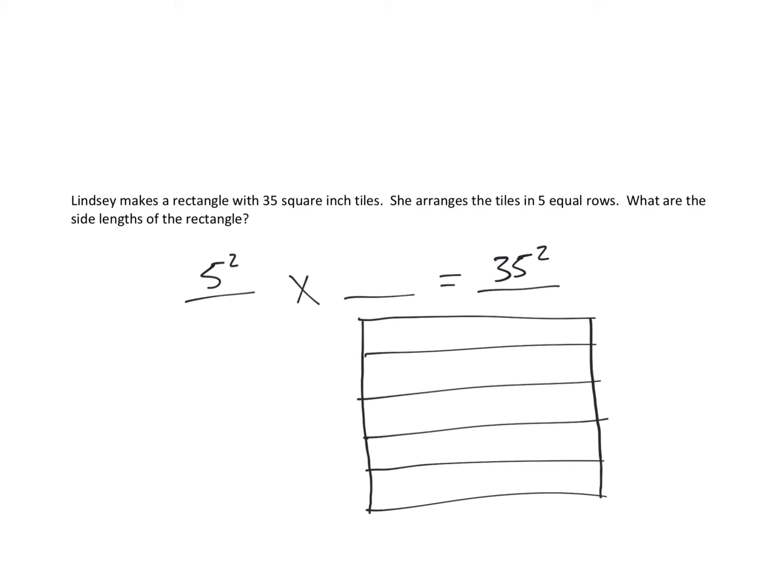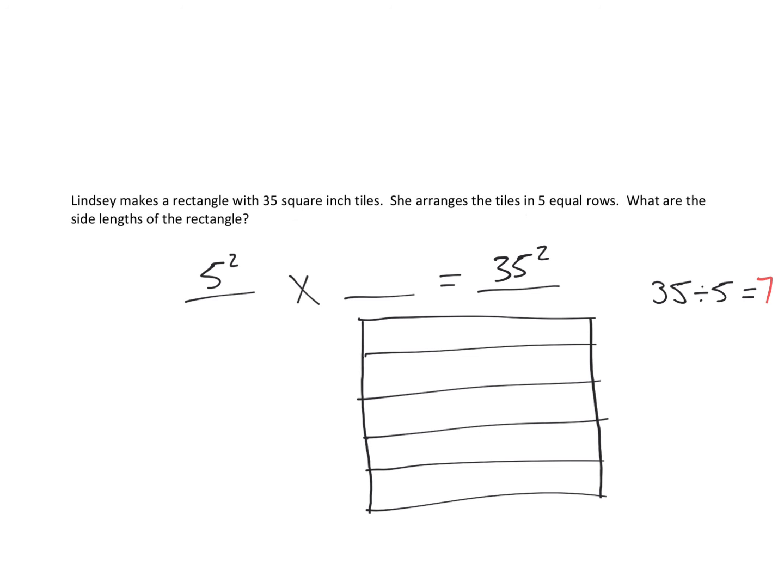Since we're only given the 5 rows in the problem, I would like you guys to divide 35 by 5 to see what times 5 will give you 35. So if you did your math right, 35 divided by 5 should give you 7. And that would mean that 5 times 7 is going to give us 35.